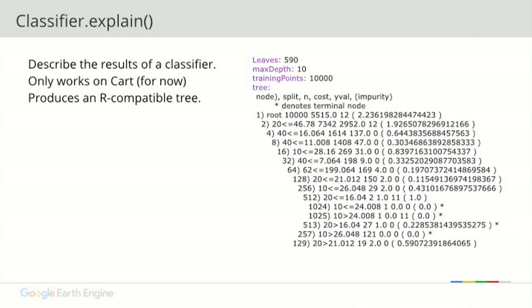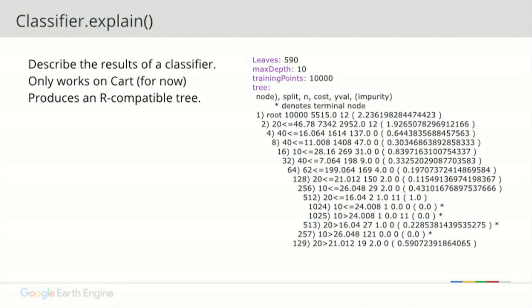And that's done with the explain function. Currently, CART is the only classifier that has a working explain, but as we can figure out how to do something meaningful for the other ones, we can actually explain more about them. So for instance, for support vector machines, we can actually give you the support vectors. And for random forests, maybe we can give you the forest of trees. That's a lot of data, and we don't quite know what to do with that.